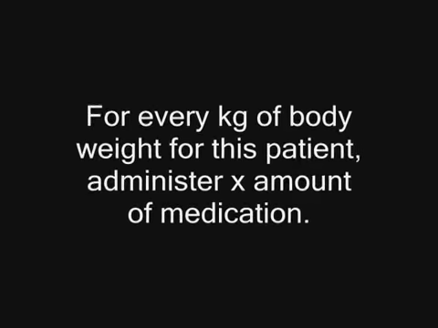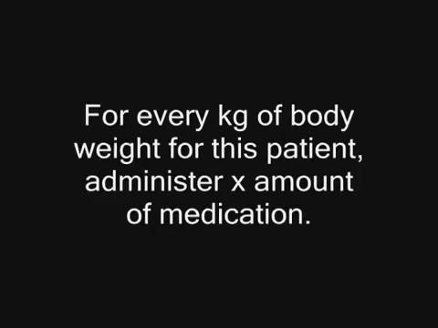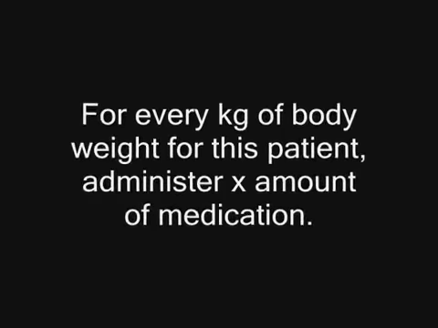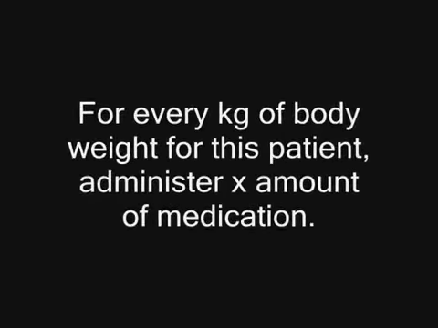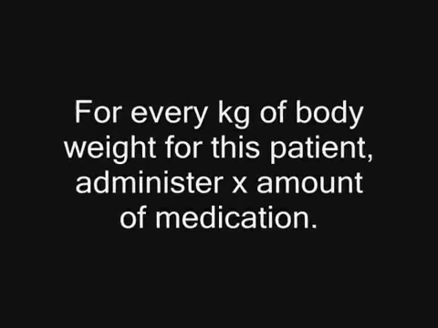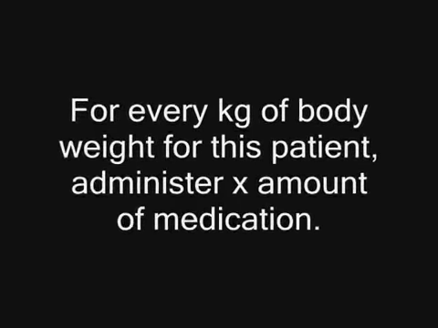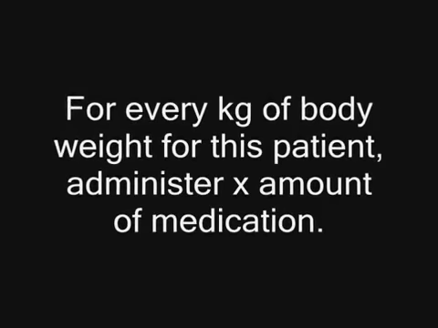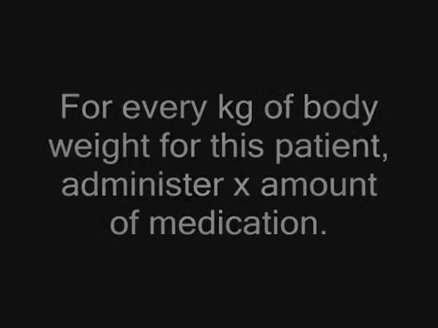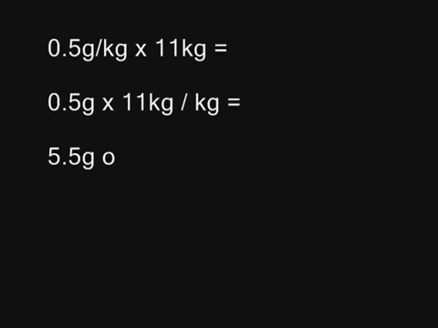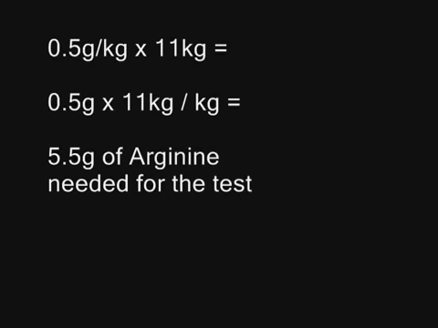If the ratio says the dose is 0.5 grams per kilogram, then we know that for every kilogram of body weight, the patient gets 0.5 grams of medication. We know that the patient weighs 11 kilograms, so 0.5 grams per kilogram times 11 kilograms equals 5.5 grams of arginine needed for the test.